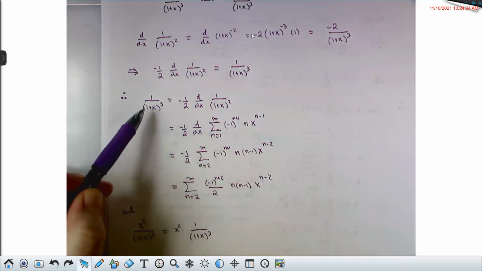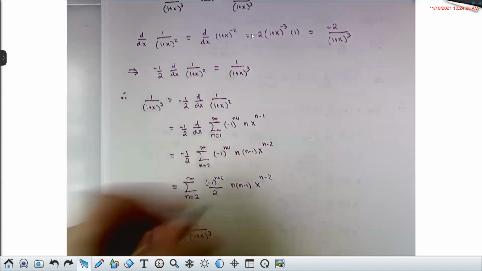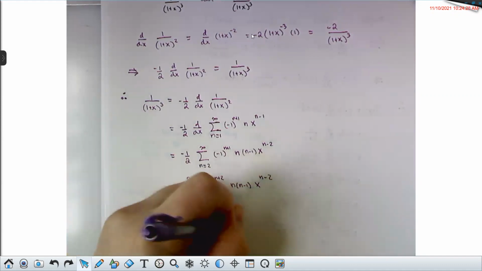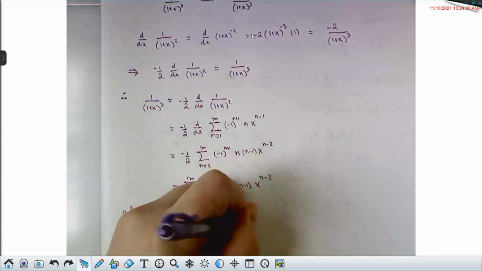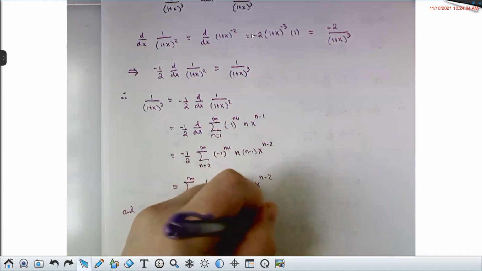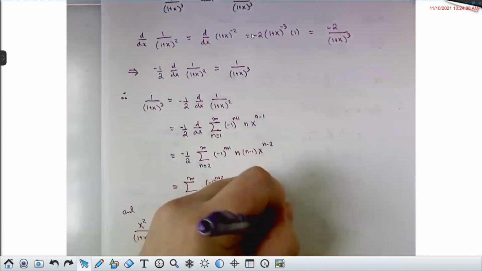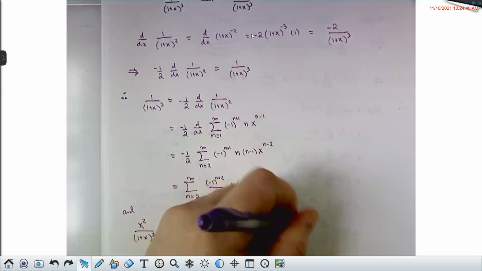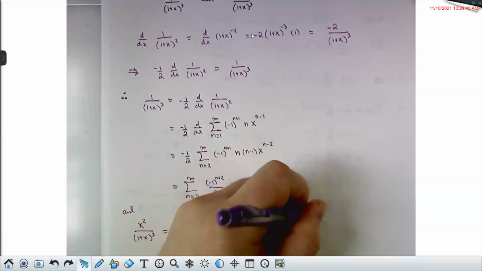And 1 over 1 plus x all cubed is the series I just found. So this would be x squared sigma n from 2 to infinity, negative 1 to the n plus 2 over 2, and n minus 1 x to the n minus 2.